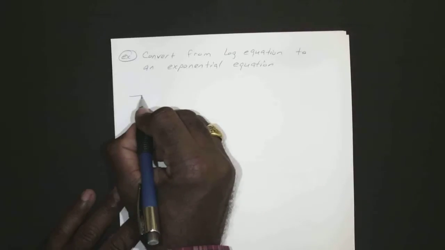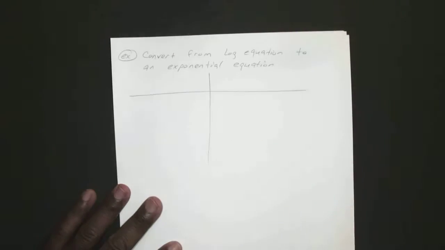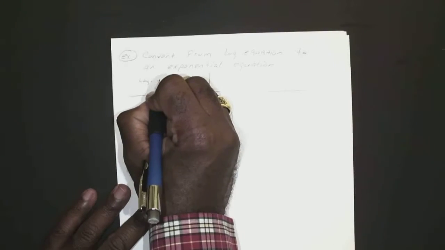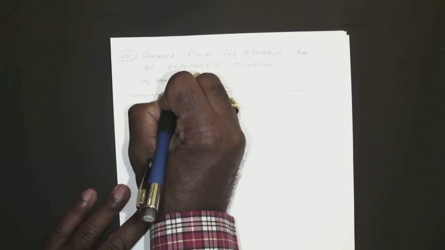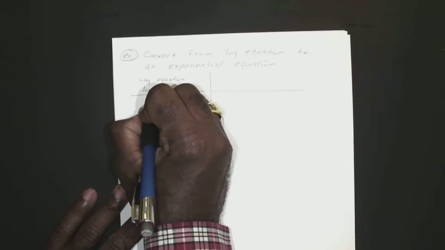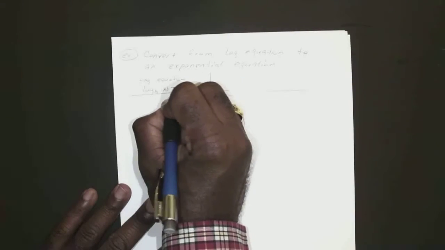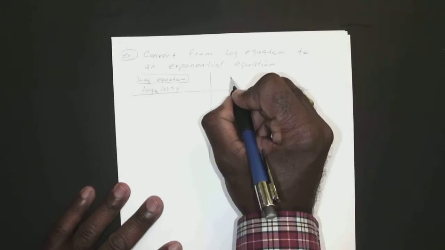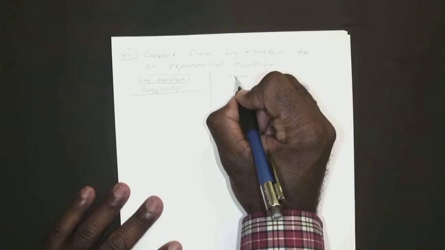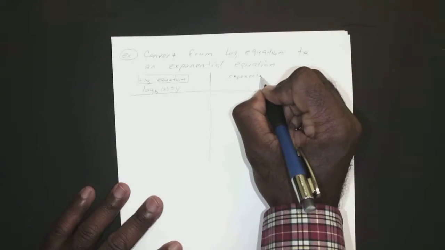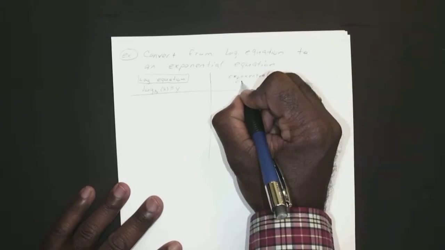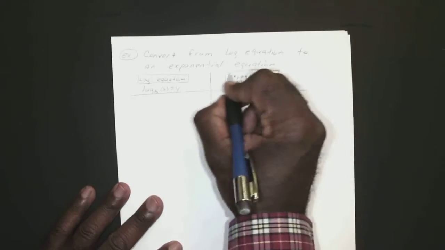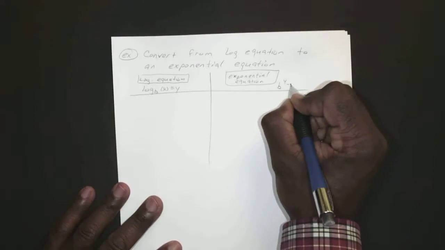So we're just going to go ahead and make a graph here. We have our logarithmic equation, which is log base b of x equals y. We have our exponential equation, which is b to the power of y equals x.